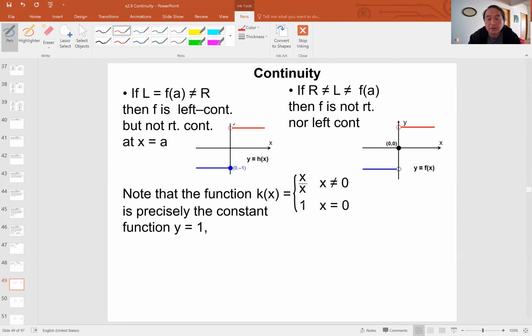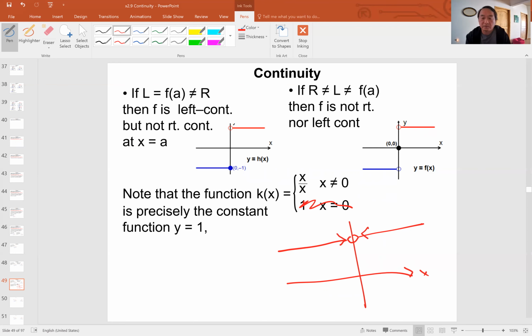Now, notice these functions. If I take the formula x divided by x, what does the picture look like? Its domain is everything except x equal to 0. You cannot put 0 over 0, it's not defined. But obviously, if I fill in a value at 0, then I can make the function continuous at that point.